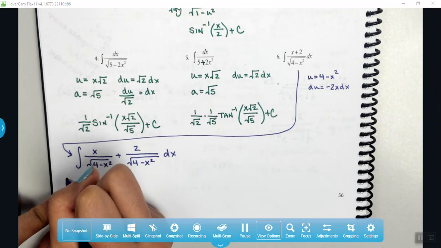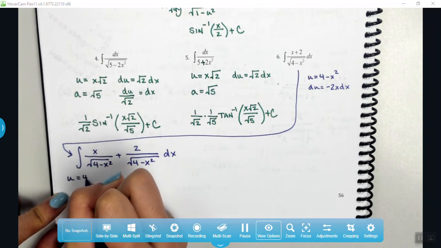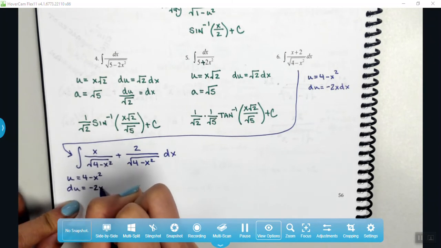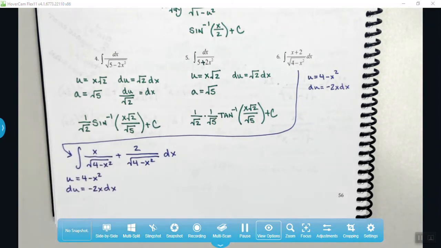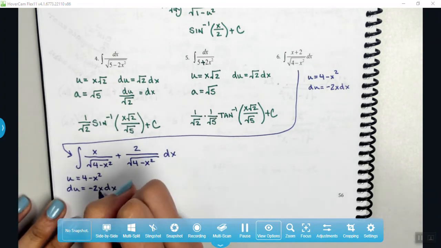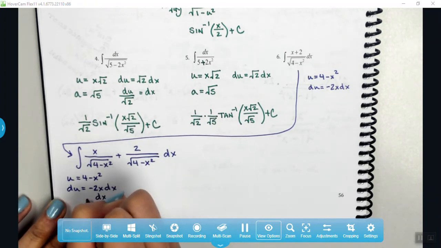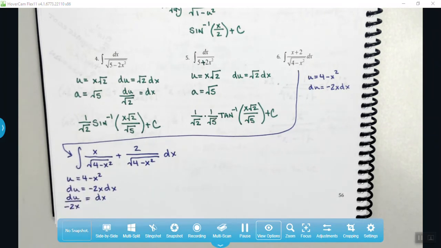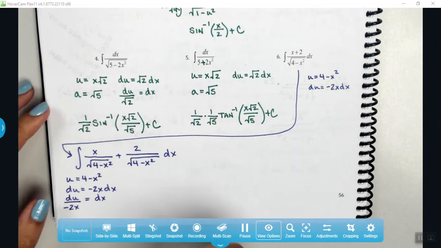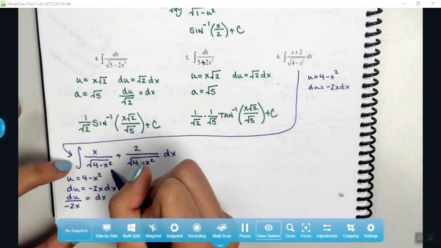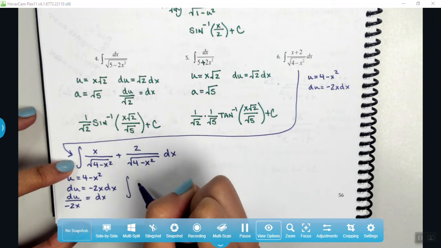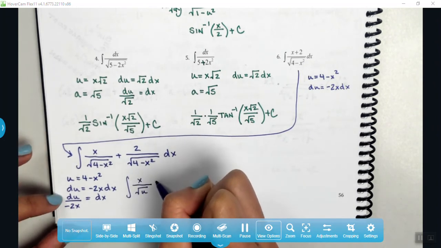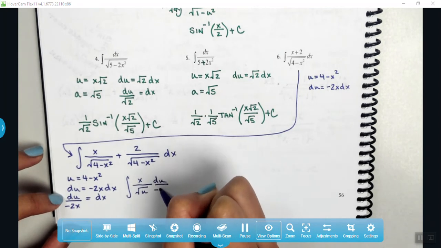This one right here, I can do u sub 4 minus x squared, du is negative 2x dx. So dx is du over negative 2x. So my integral for this one will be the integral of x over root u, and then du over negative 2x.